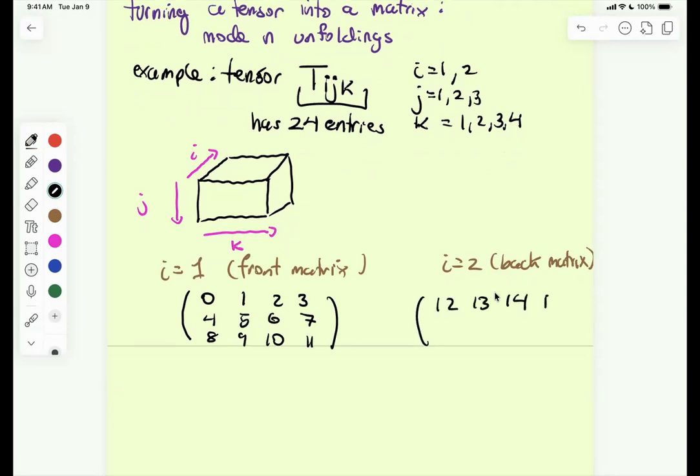I'm putting a different number for each entry because it makes it easier to keep track of how you're going to turn it into a matrix. Otherwise, if there were repetitions, it's less clear what you're doing. Let me write them here so that we can refer to them more easily.